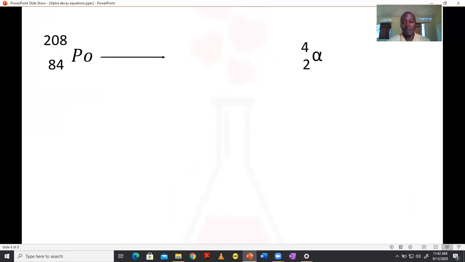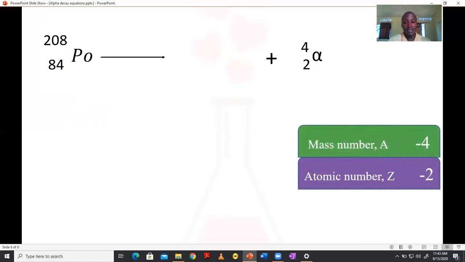So we have the alpha particle being emitted, but we want to identify what the product is. When 2 neutrons and 2 protons are removed, these 2 that are part of the alpha particle, 84 minus 2 is 82. So the new element must have atomic number 82.